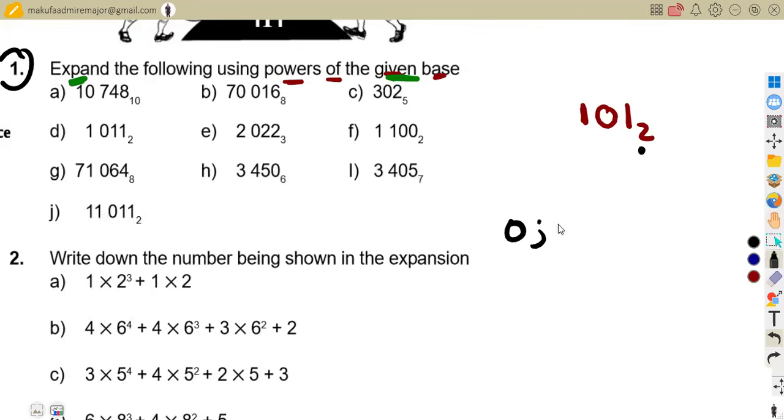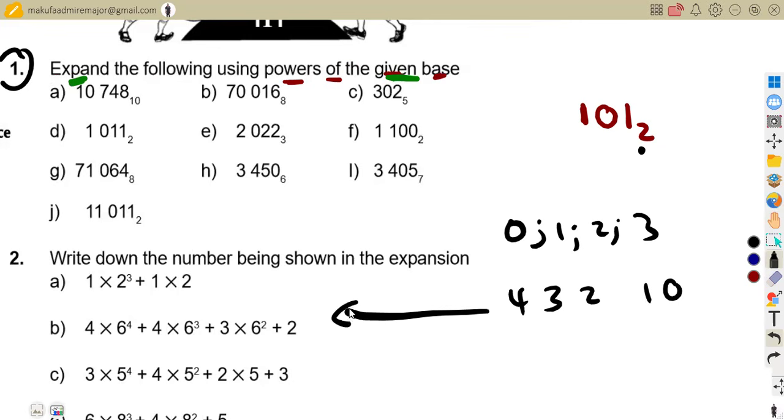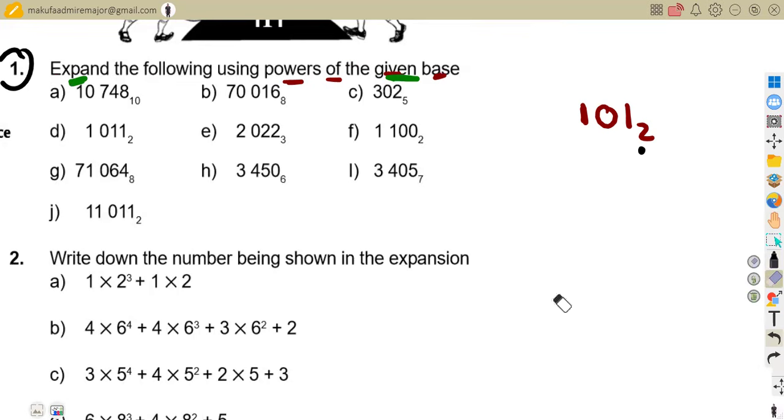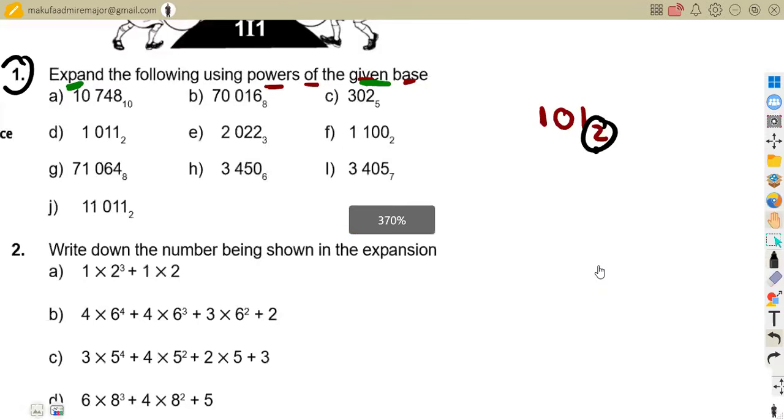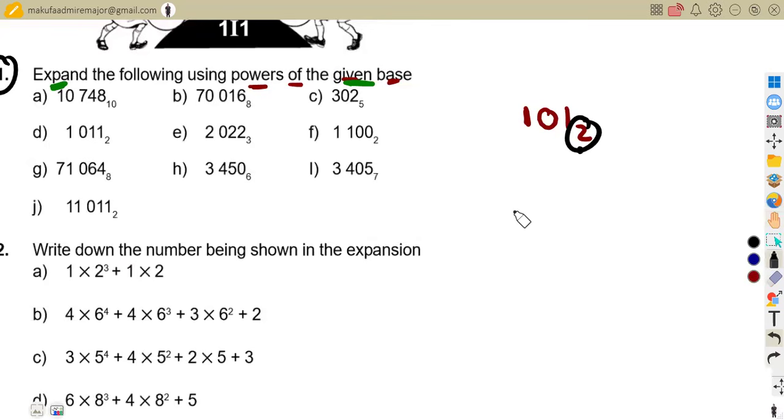So that it is 0 1 2 3, but now this is the opposite. We are now having 0 1 2 3 4 the opposite way. The base that is affecting is the base of 2. So base of 2 affects each and every term. Starting with 0, like I said, going the opposite way: 2 to the power of 0, 2 to the power of 1, 2 to the power of 2.